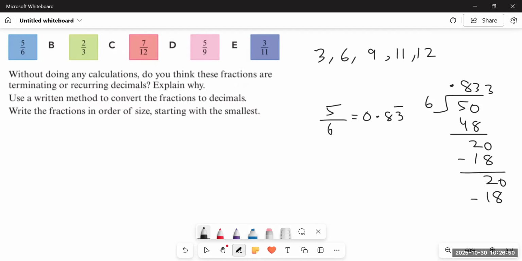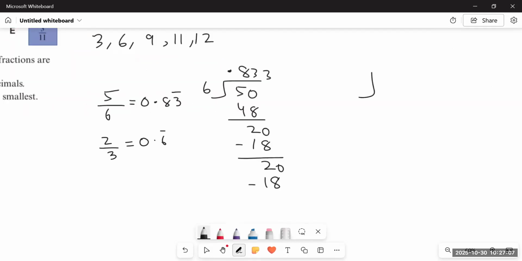Similarly, we already know that 2/3 is equal to 0.66666, so let's put a bar over here. Like 1/3 is 0.3333333. Similarly, 2/3 is 0.66666. Next, we have 7/12.